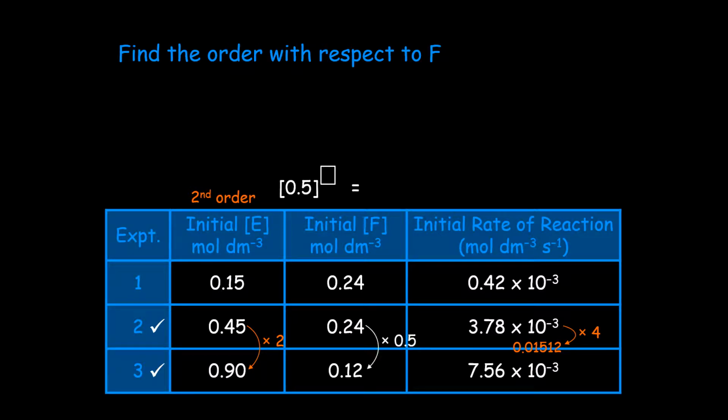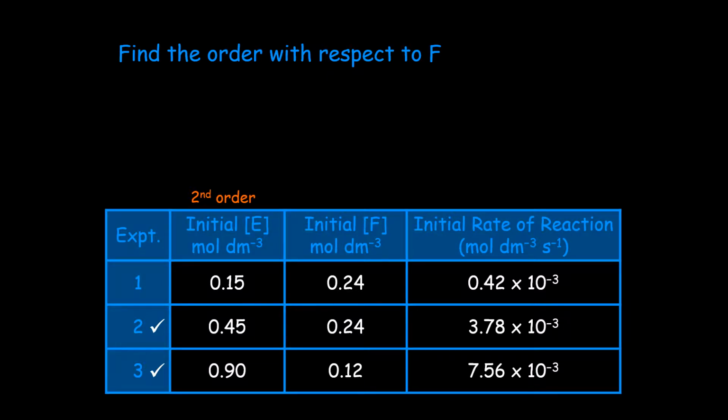Now for F, we are multiplying it by 0.5, or we could say dividing by 2. Then looking at the 0.01512 going down to 7.56 times 10 to the minus 3, we are multiplying by 0.5 or dividing by 2. So it's going to be to the power of 1. So it's first order.